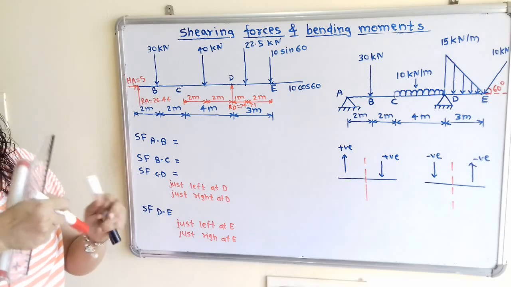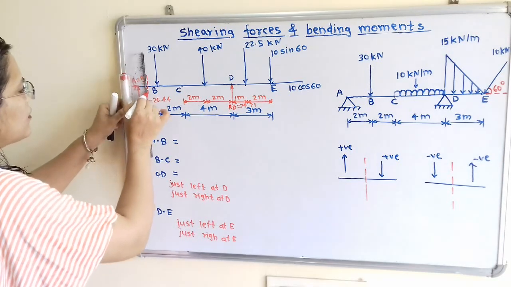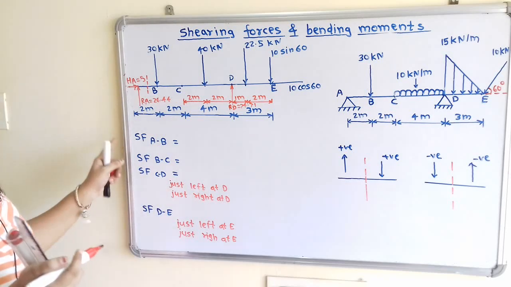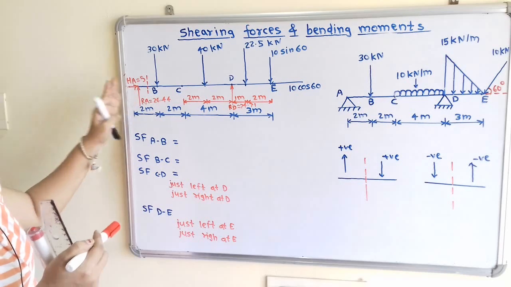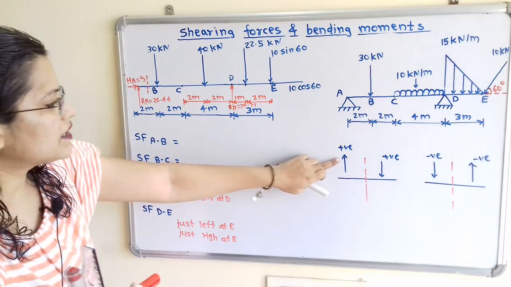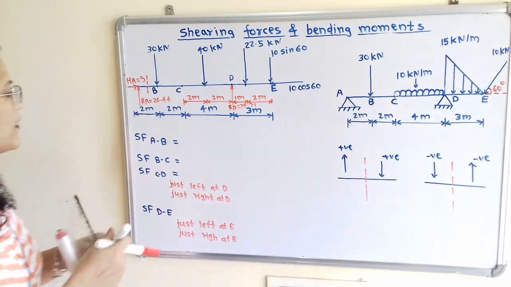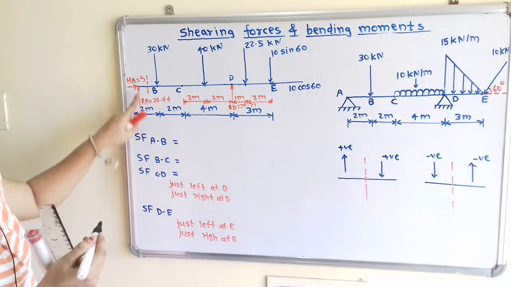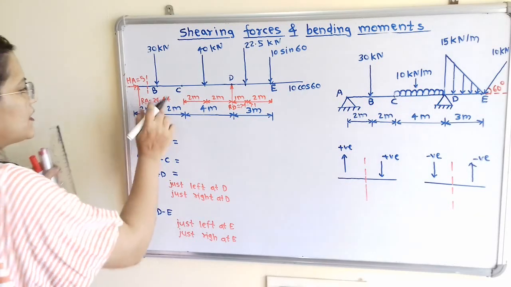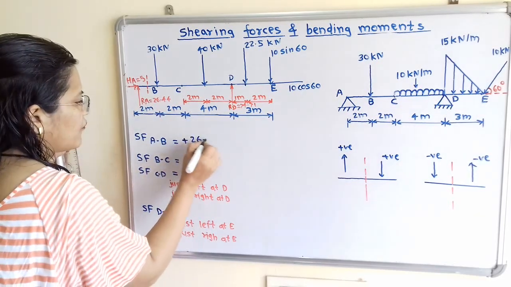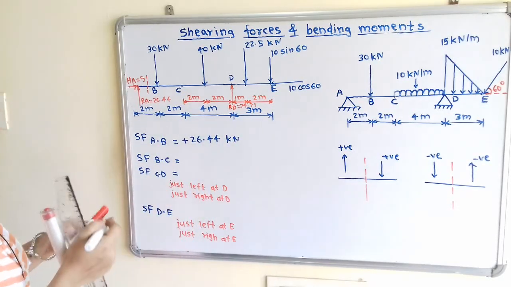For this section AB, I will consider any section, that is the vertical line. Now we will take the summation of forces on the left hand side. On the left hand side there is force RA which is in upward direction. So the shear force in section AB is equal to plus 26.44 kilonewton.